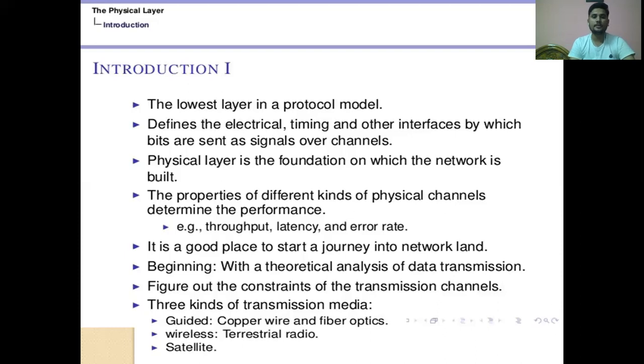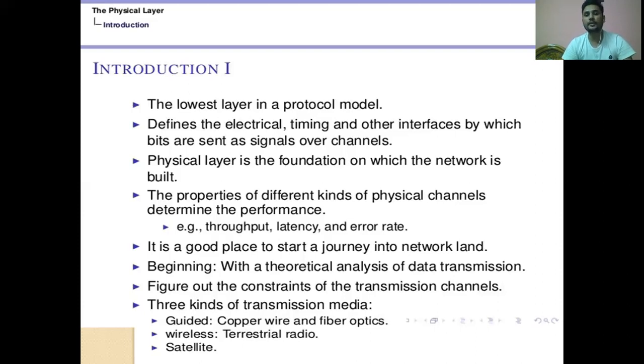Guided transmission media means a wired transmission. There is a touchable physical appearance. It may be a copper wire or it may be a fiber optic wire, whatever it may be, a physical presence is there. By using this physical medium, it is called guided transmission media. Guided means a physical connection is there.